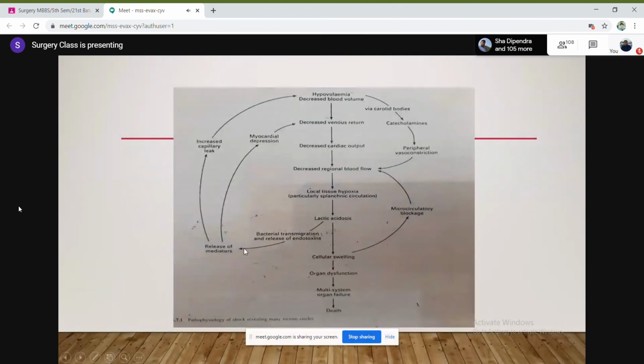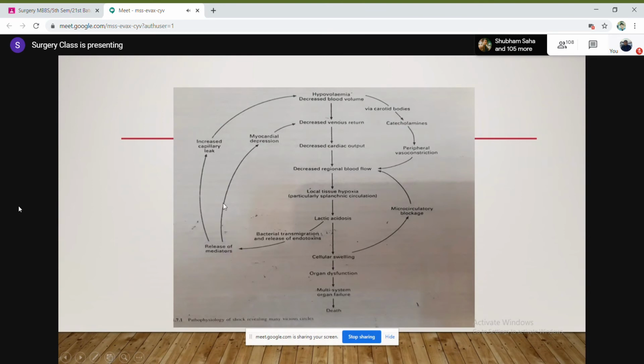Even the coronavirus today, probably they are releasing a lot of endo and exotoxins that is harmful. It's not the bacteria that is harmful. Remember that. It is the release of their endotoxins. So once they release the endotoxins, there is release of mediators, and these mediators have 2 components.